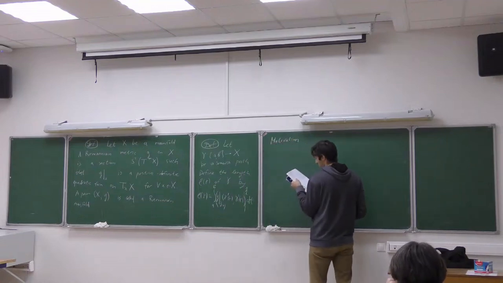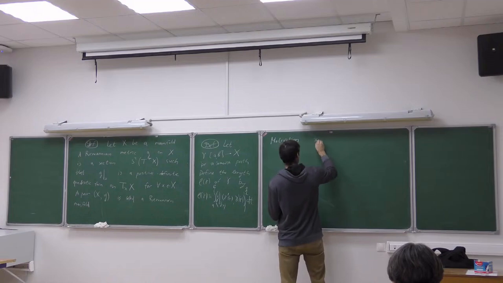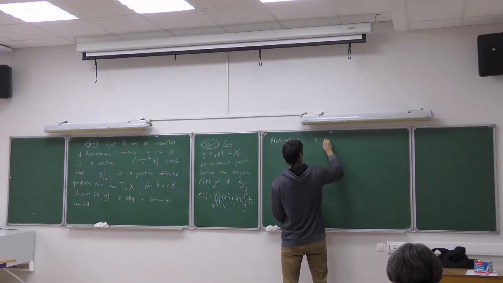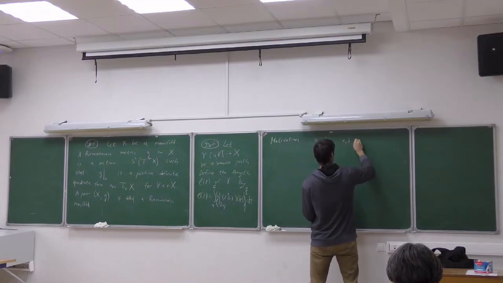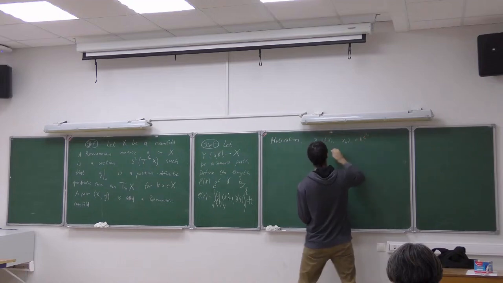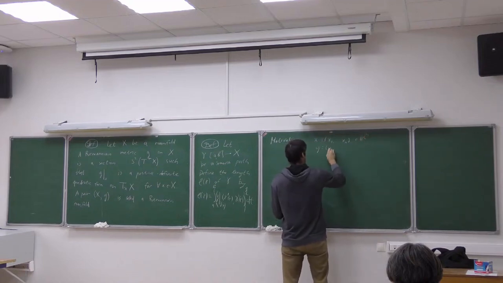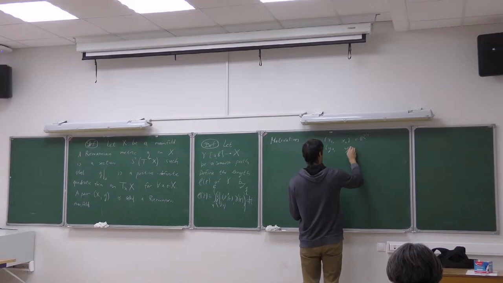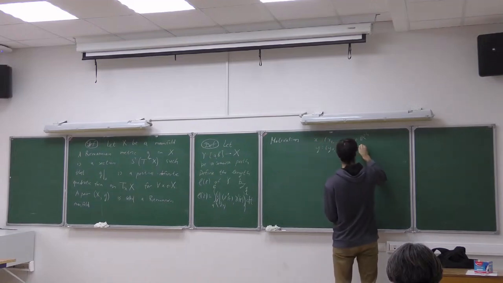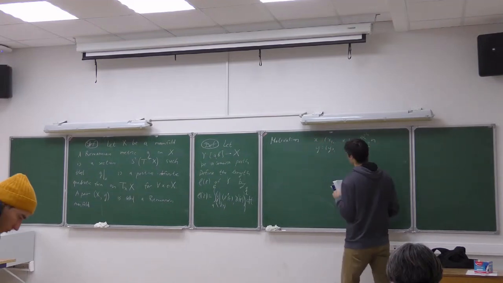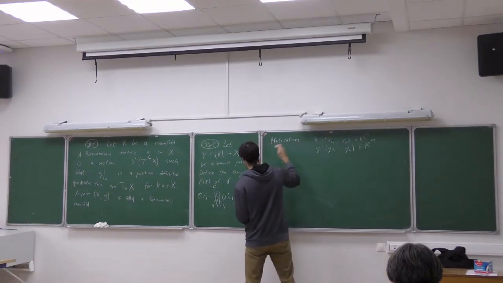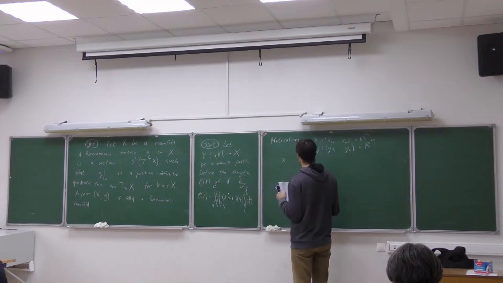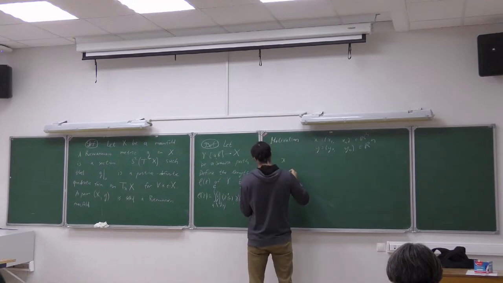let's spell it out. If I have two points x and y, where x has coordinates x1, ..., xn, a point in R^n, and y with components y1, y2, and so on, yn, another point in R^n, then of course I can compute the distance between them.